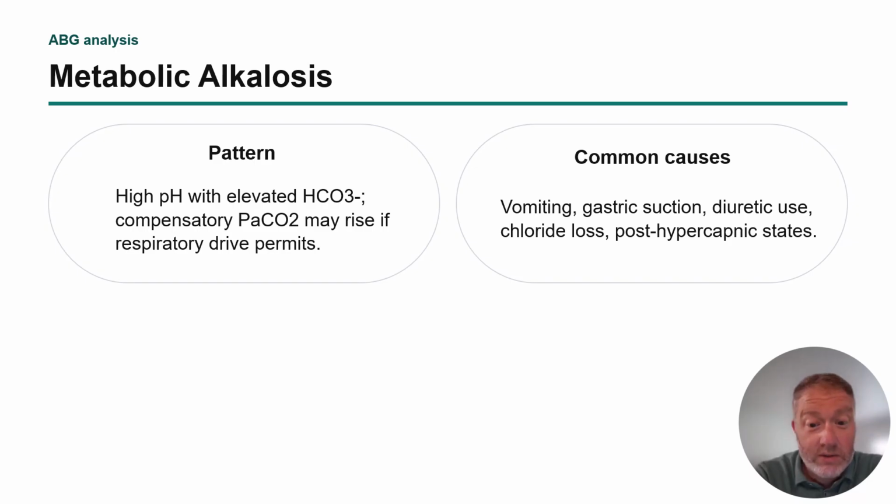Common causes for metabolic alkalosis: vomiting is a huge one, gastric suction, diuretics, loss of chloride, post-hypercapnic states. Usually that is due to a fluid loss, loss of the positive hydrogen ions in the pH, usually caused by things like vomiting.